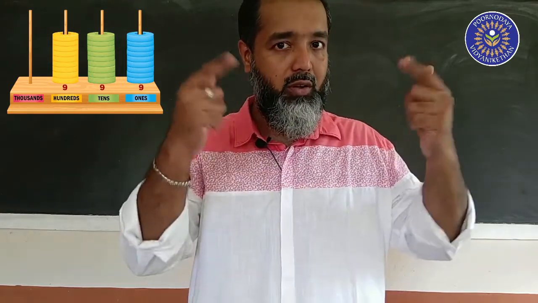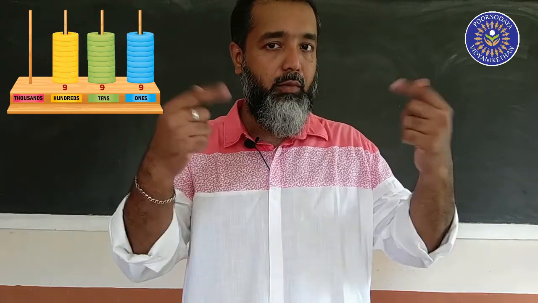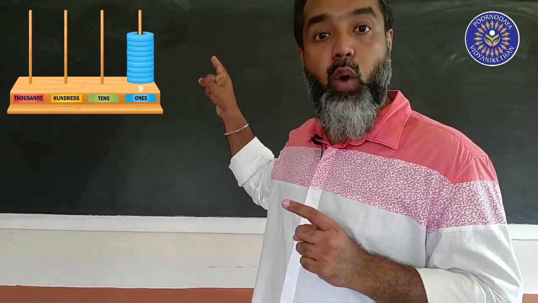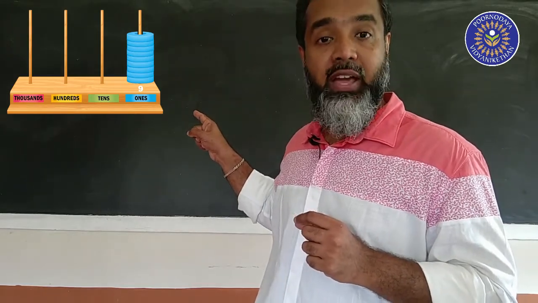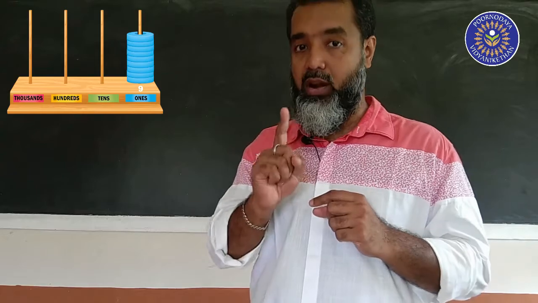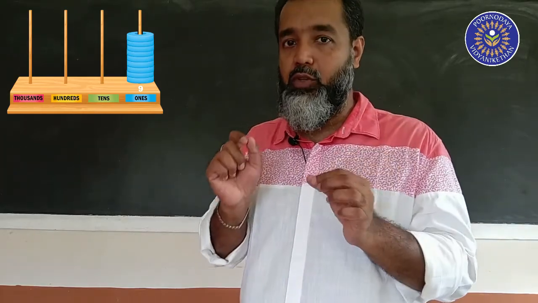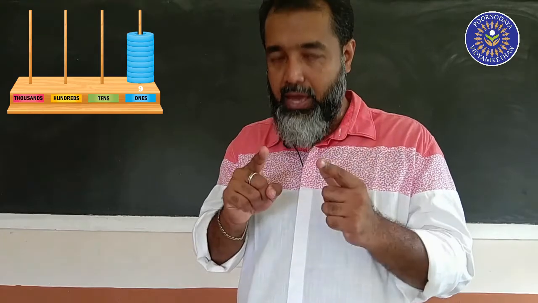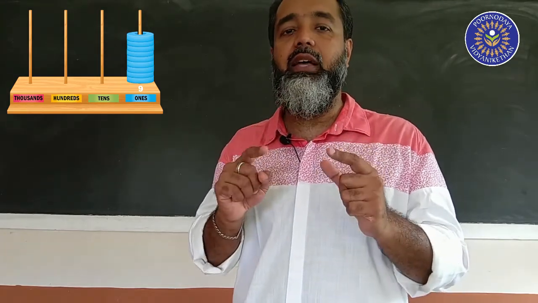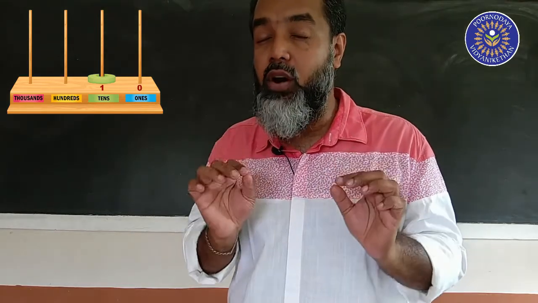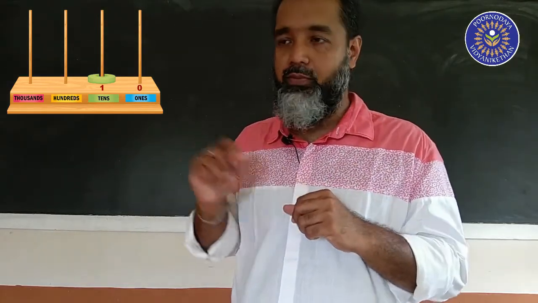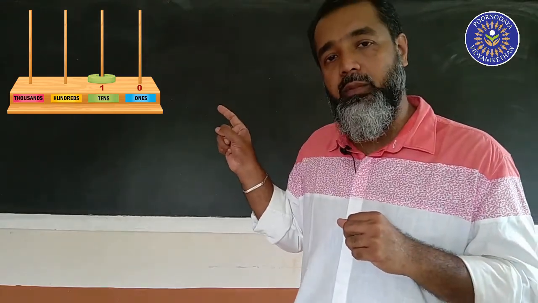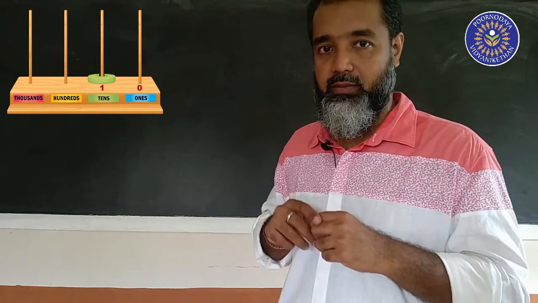Okay. I'm going to recap it, that means I'm going to repeat it once more. On the ones place, you have 1 to 9. When you add 1, you will get 10, so that you will get a 2-digit number. There you will say 10 is the smallest 2-digit number. So here 1 and 0, you will add 1 on the tens place.